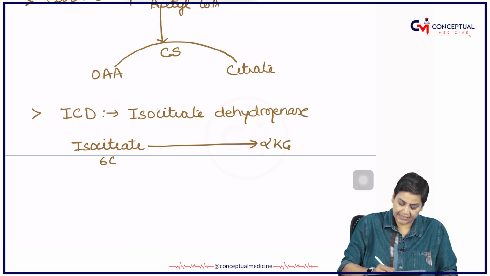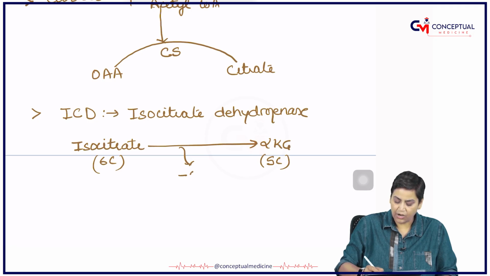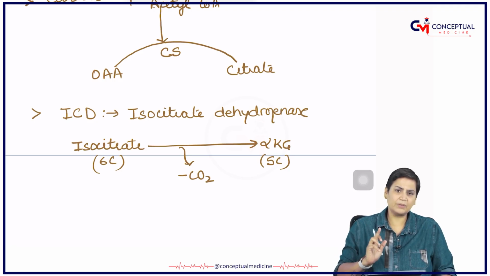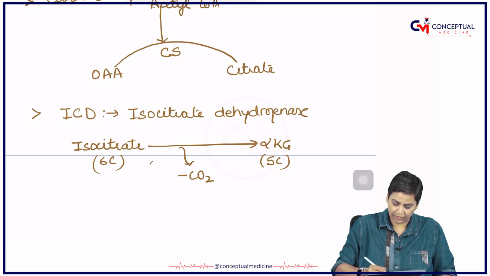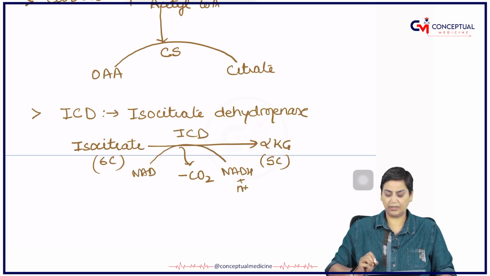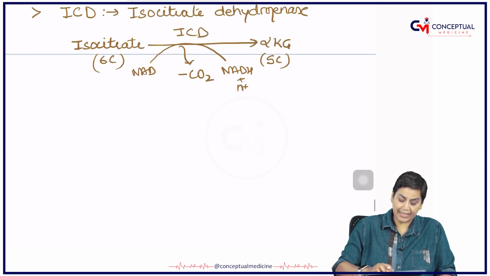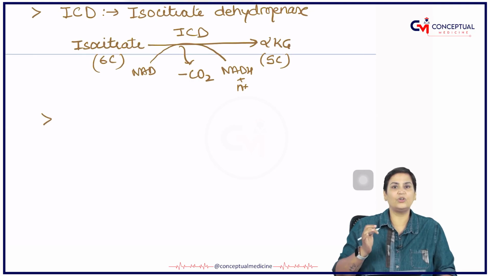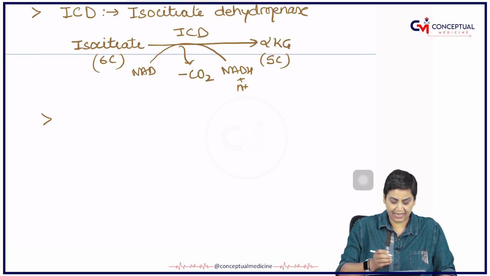Here there are 6 carbon atoms and here there are 5 carbon atoms. So this is actually oxidative decarboxylation also. Not exactly, I would say, as it requires TPP. Here the most important thing you have to remember is, along with this it has dehydrogenation also. Very important.